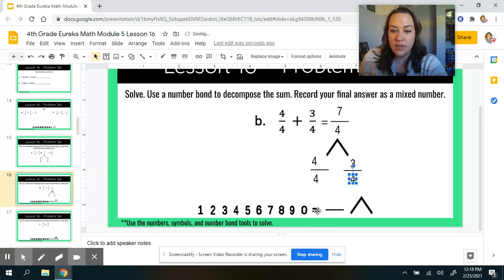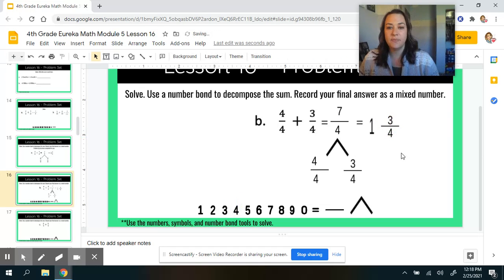We could have just looked at this and said, well, that 4/4 is 1. So 1 plus 3/4 gives us 1 and 3/4. We kind of just rewrote what they did. That's all right. You can see it all come together.